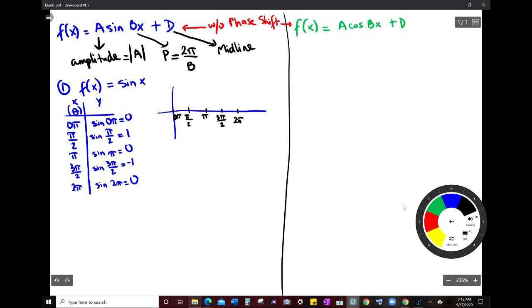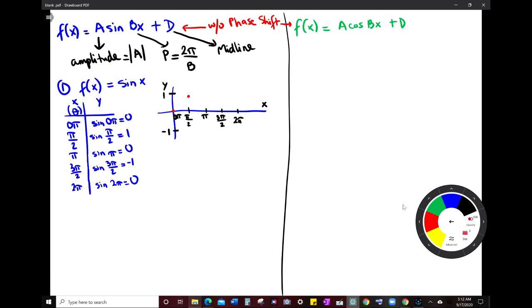So now I go ahead and plot it. Now I have at 0 pi I have 0. At pi over 2 I have 1. Now I also need to label this x-axis, this y-axis. And the highest point for the y-axis is 1. And the lowest point is -1.